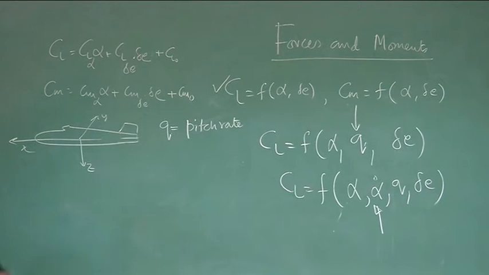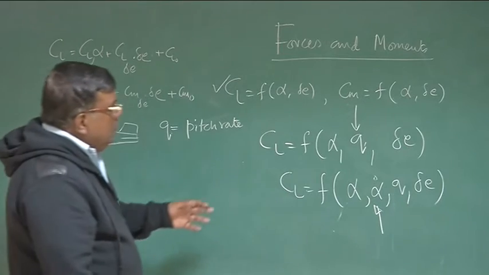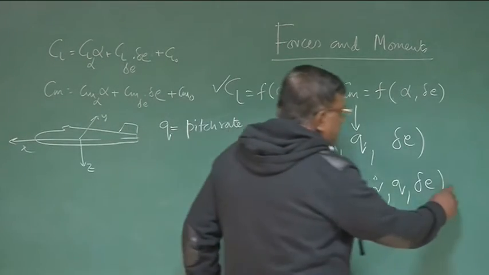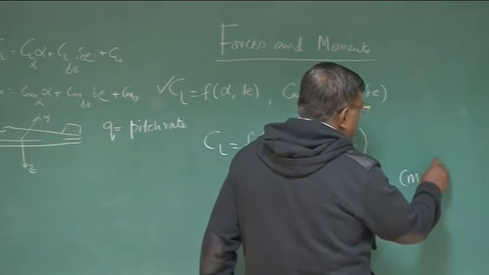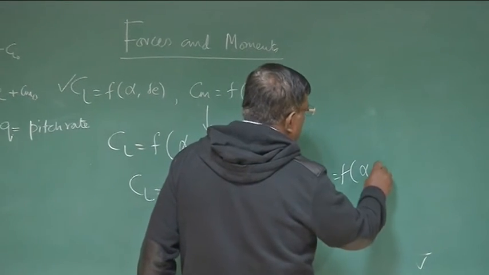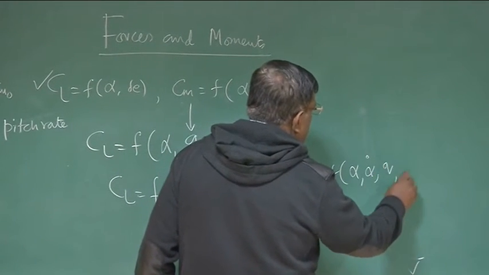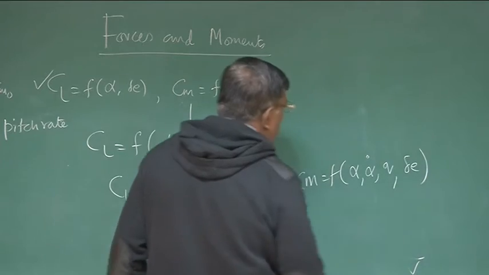Okay? We will explain why this happens, but I am just building up so that we can develop expressions. So, if Cl is like this, then Cm also will be a function of alpha dot, q, delta E.